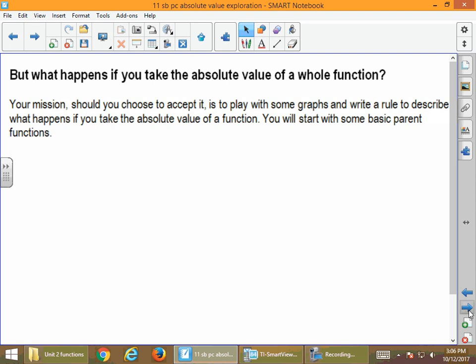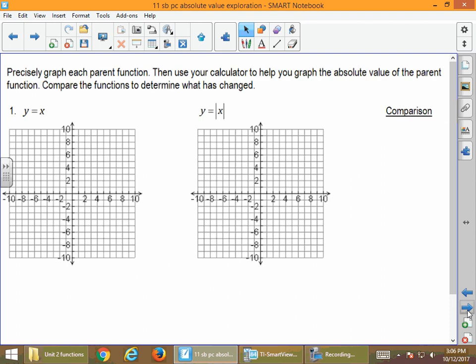So let's look at a basic parent function here, and it's y equals x. If I draw the picture here of y equals x, we know that it's the graph that goes from the lower left hand of the graph to the upper right hand and through 0, 0.